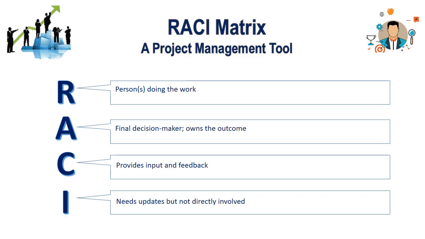Third is C, which denotes persons who provide input or feedback. And finally, fourth is I, which denotes the person or persons who need updates but are not directly involved.